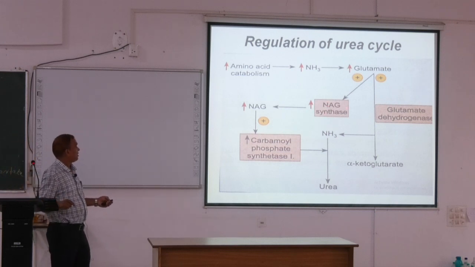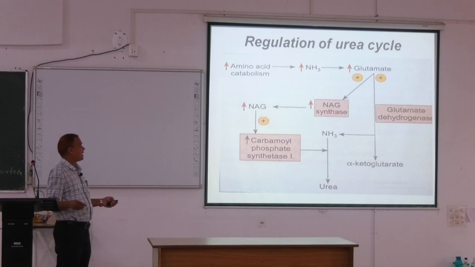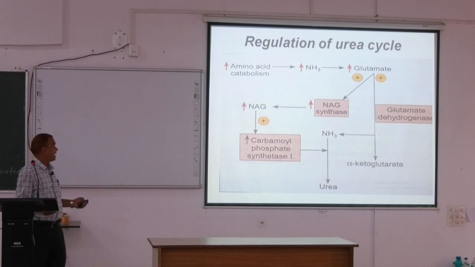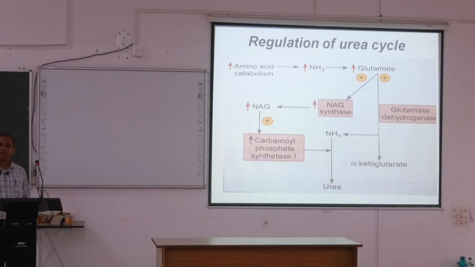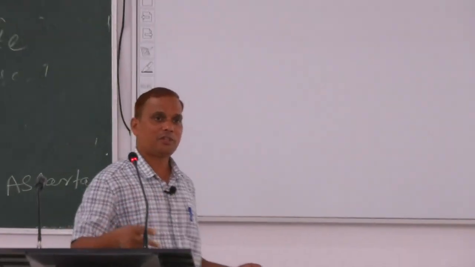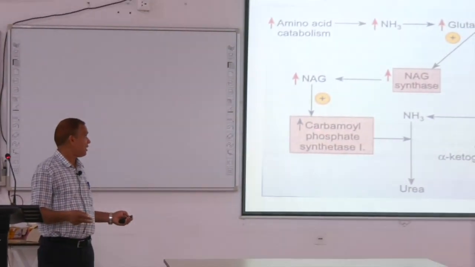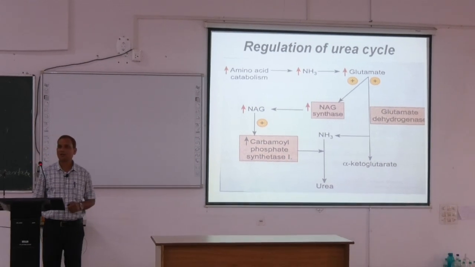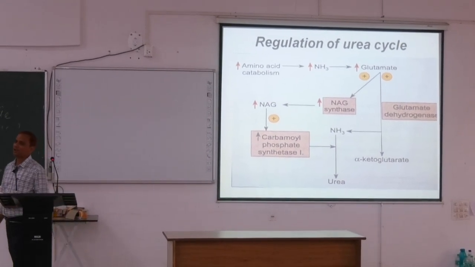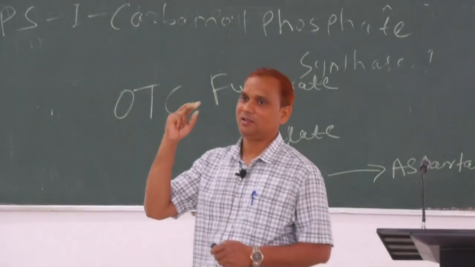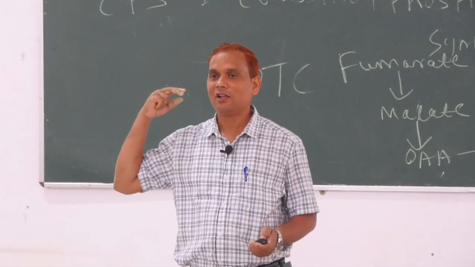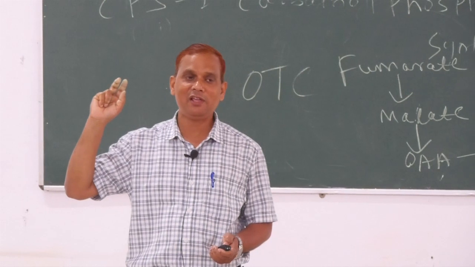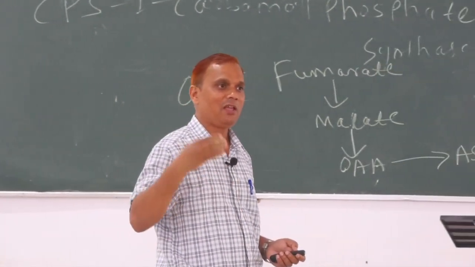Also, if the N-acetyl glutamate synthase enzyme activity is increased, N-acetyl glutamate will be increased, and that will give a positive impact to the urea cycle. As a result, the activity of the CPS1 enzyme will be increased, and more and more ammonia will be converted to urea. That means the urea cycle will be increased.